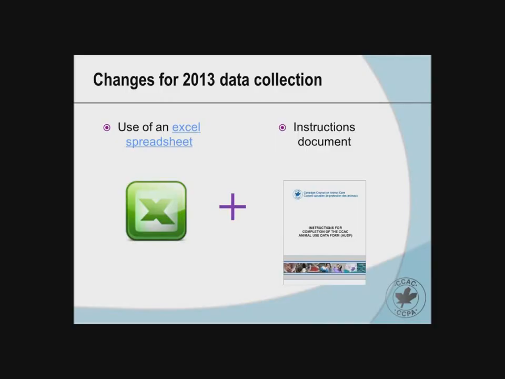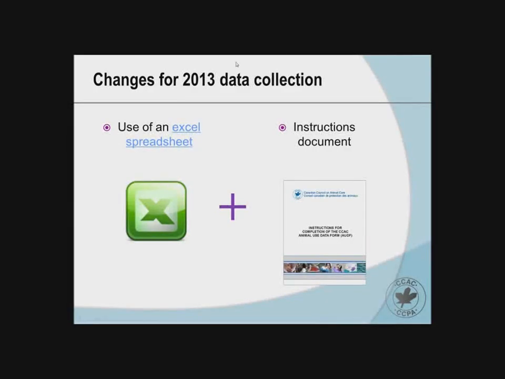So, moving forward, there'll be an increased emphasis for sure on the quality of animal use data, which will continue in the years ahead. In addition, in line with changes to the entire CCAC program, we are trying to improve our efficiency through streamlining animal use data entry and to increase our effectiveness through the provision of more accurate annual statistics.